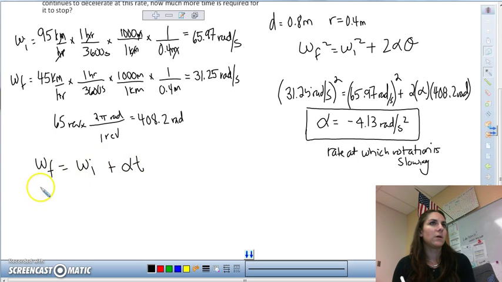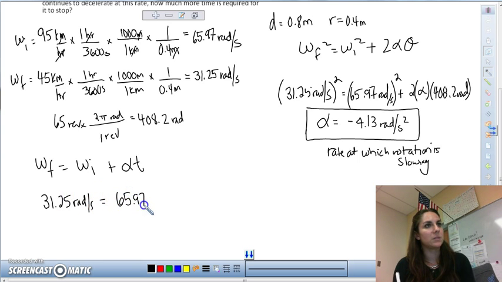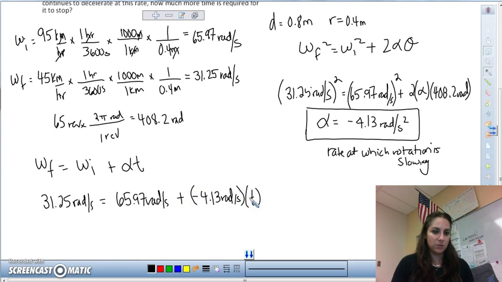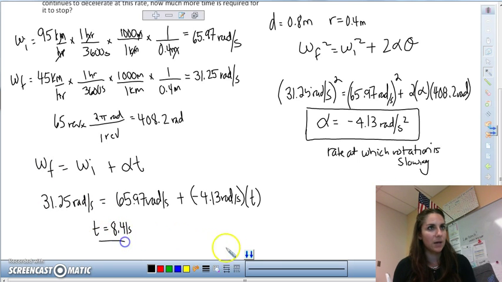So our final is 31.25 radians per second equals the initial, which is 65.97, plus negative 4.13, times t. I'm writing it this way to show that I am following this rule. So t equals 31.25 minus 65.97 divided by negative 4.13. So this takes 8.41 seconds to slow down.